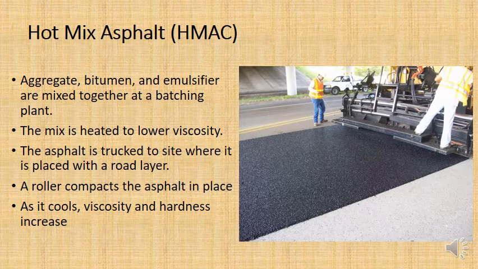And this is often done with aggregate, bitumen and an emulsifier. They are mixed together in a batching machine, and they're heated up, and that lowers the viscosity and makes it runnier, and that means you can place it on the ground, and then it will be rolled out. A compactor will basically press out the asphalt in place.